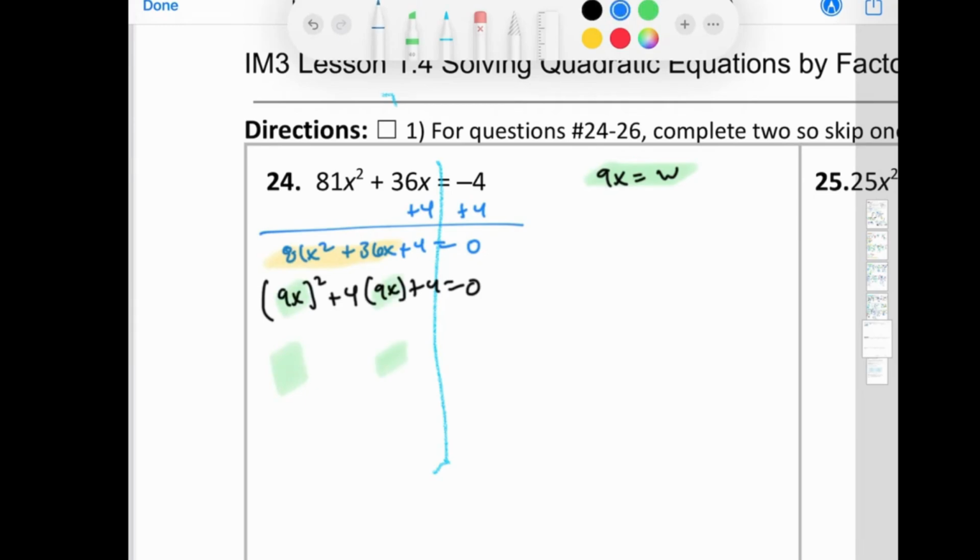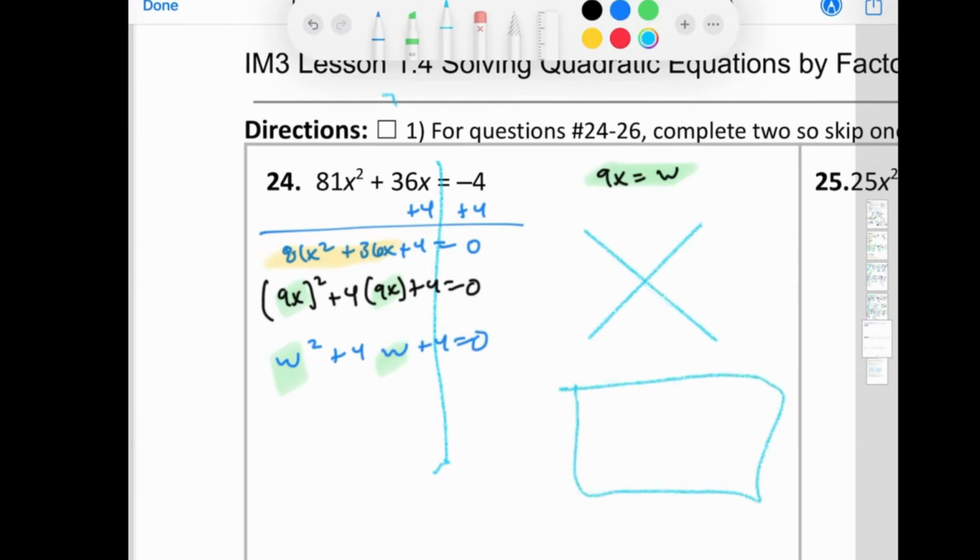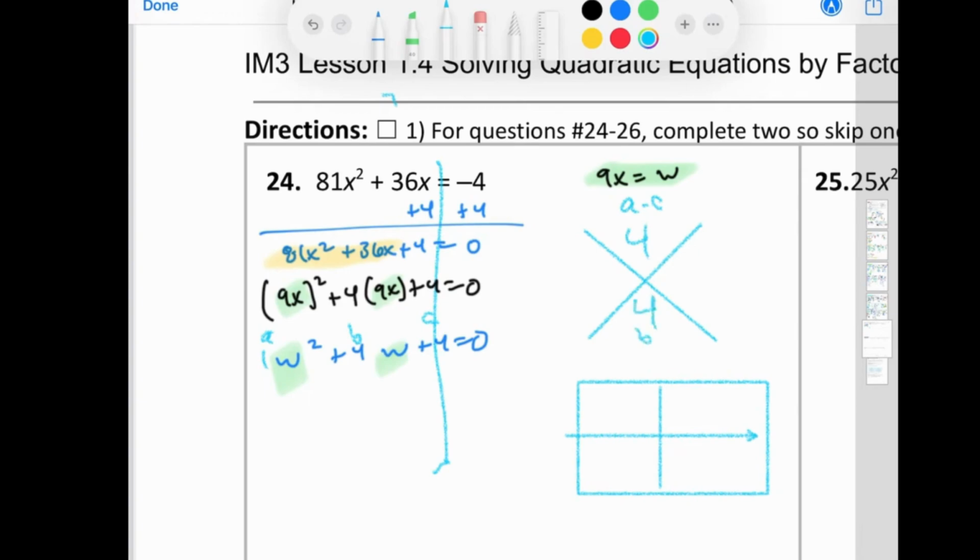So I get W squared plus 4 times W plus 4. And then do the X in the box. A times C, so this A is 1, B is 4, C is 4, so A times C is 4, B value is also 4, and my answer is going to be 2 and 2, so that is 4W, so 2W and 2W.